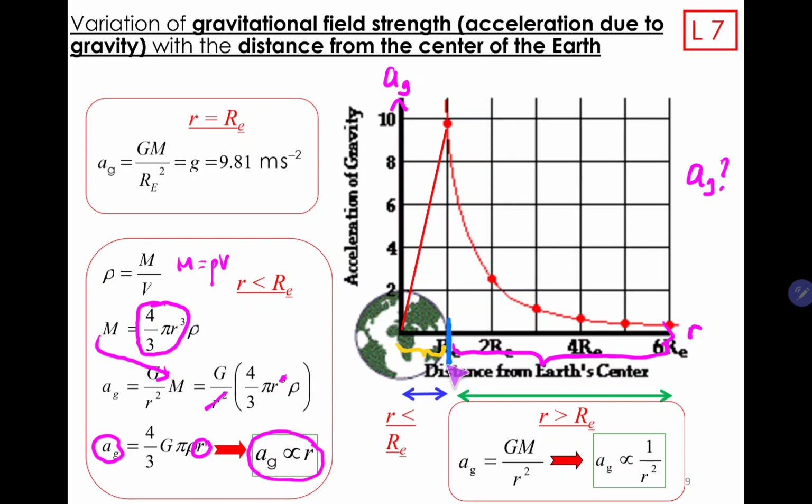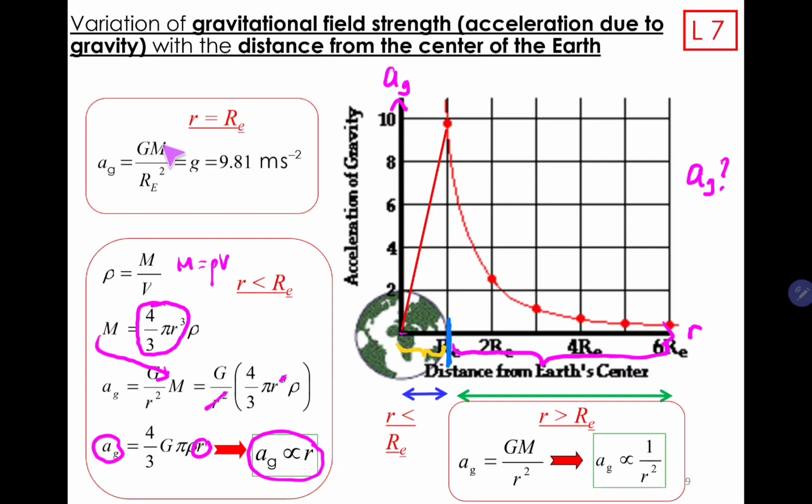Okay, on the surface, what happens? On the surface, r equals r of Earth, because the object is located here, and the separation between the object and the center of the planet is the radius of the Earth. So the value of Ag on the Earth's surface is constant. G is a constant, M is the mass of the planet, which is Earth, and r is r of Earth, also constant.